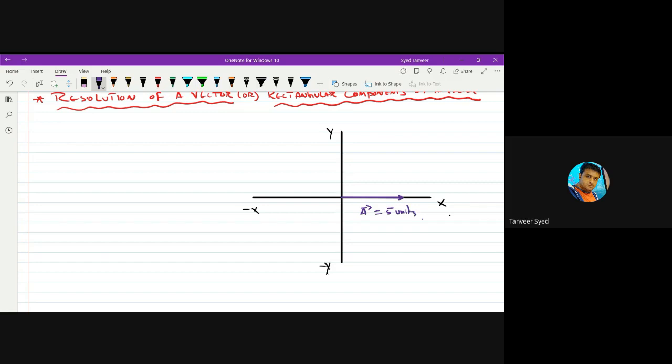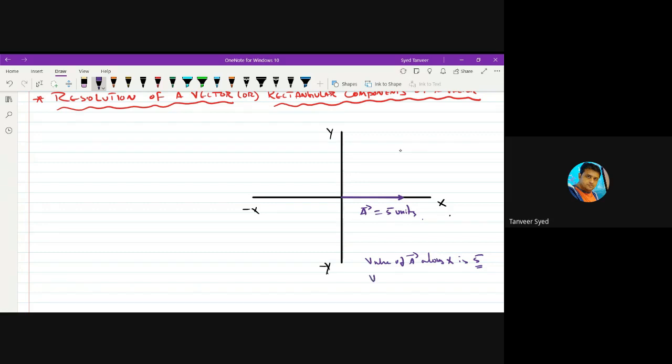The value of vector A along x is how much? 5 units. Vector has both magnitude and direction. Vector A is a vector whose magnitude is 5 units and its direction is towards positive x-axis. So if I ask you what is the value of vector A, indirectly it means what is the magnitude of vector A along x direction. It is clear from there, 5 units.